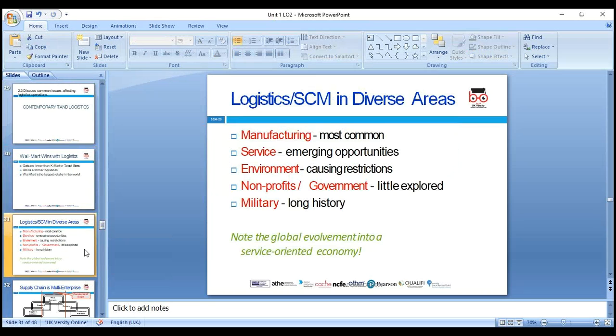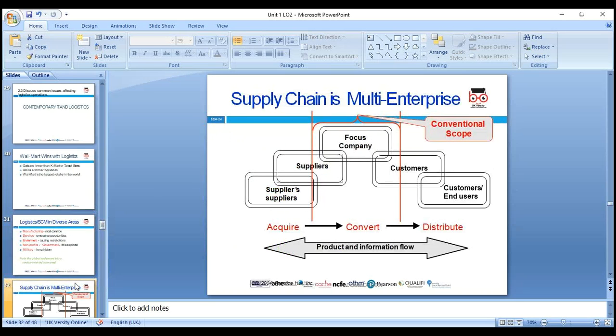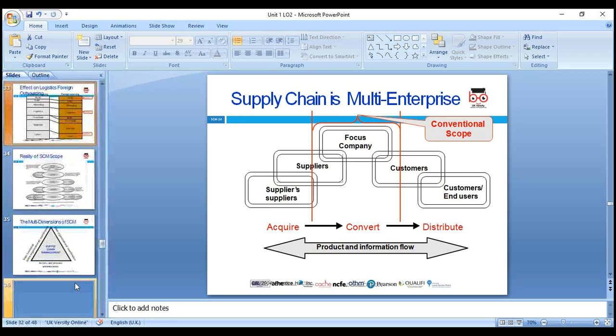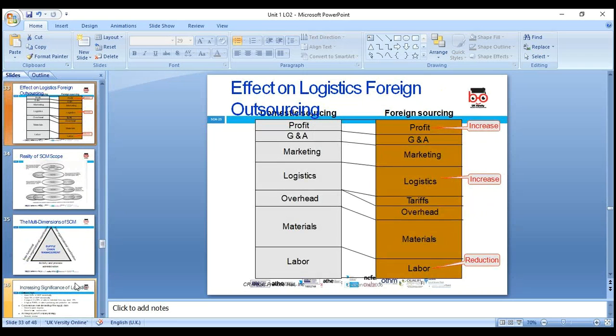So logistics and supply chain management cover diverse areas: manufacturing, services, emerging opportunities, environmental restrictions, non-profit and government, which are little explored, and the military, which has a long history. Supply chain is multi-enterprise: focal company, suppliers, customers, to acquire, convert, and distribute.